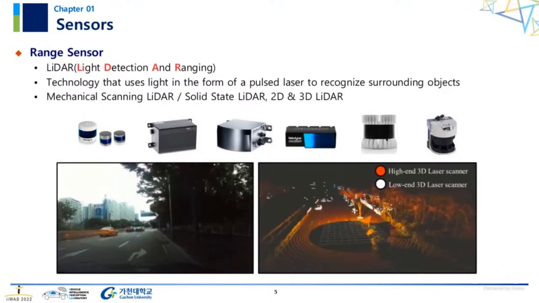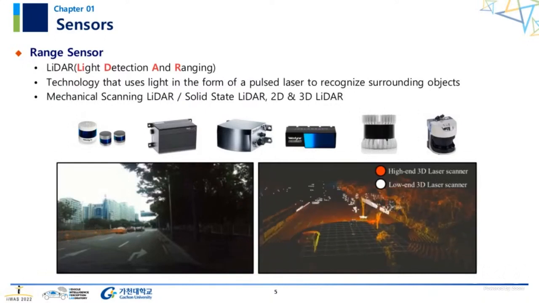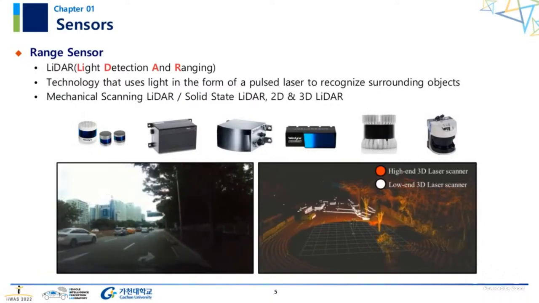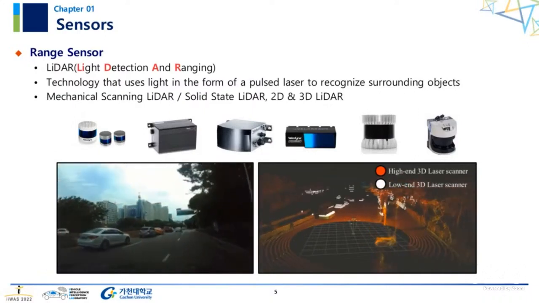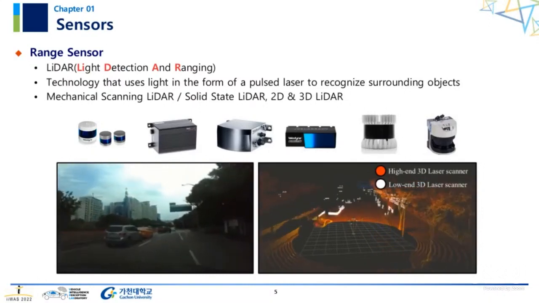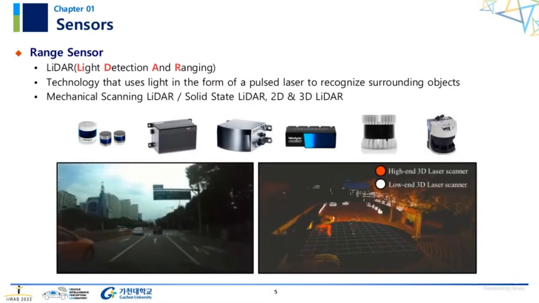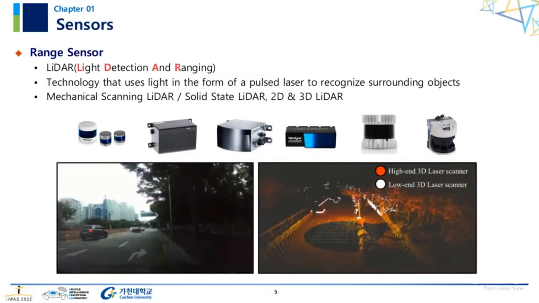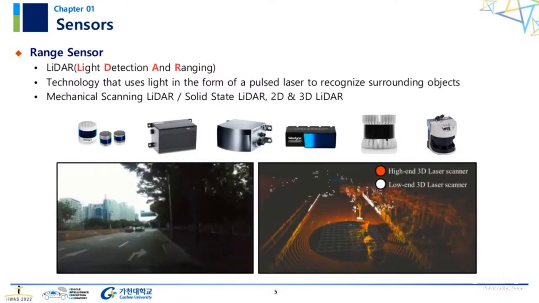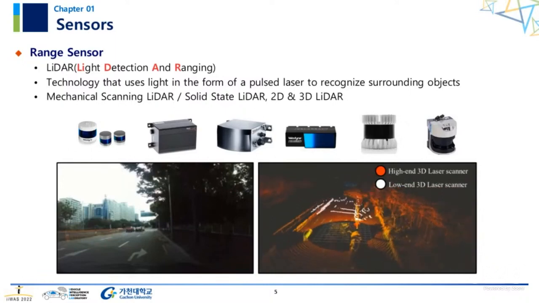Unlike the image sensor, a range sensor uses X, Y, and Z as input measurements, so it can recognize accurate spatial information about the object. The video below shows the measurements of 3D laser scanners. Unlike the image sensor, it is characterized by being able to see in all directions as well as the front.